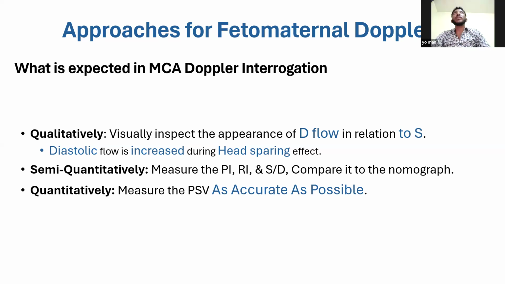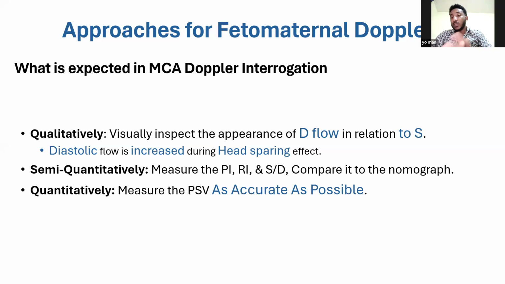So what is expected in MCA Doppler interpretation? Qualitatively, we visually inspect the appearance of diastolic flow in relation to systolic flow, as we do with the umbilical counterpart. The middle cerebral artery is normally a high resistance vessel, okay? So if the diastolic flow is increased, it indicates that the resistance is decreased, and so there is a brain sparing effect. So qualitatively, we can assess that.